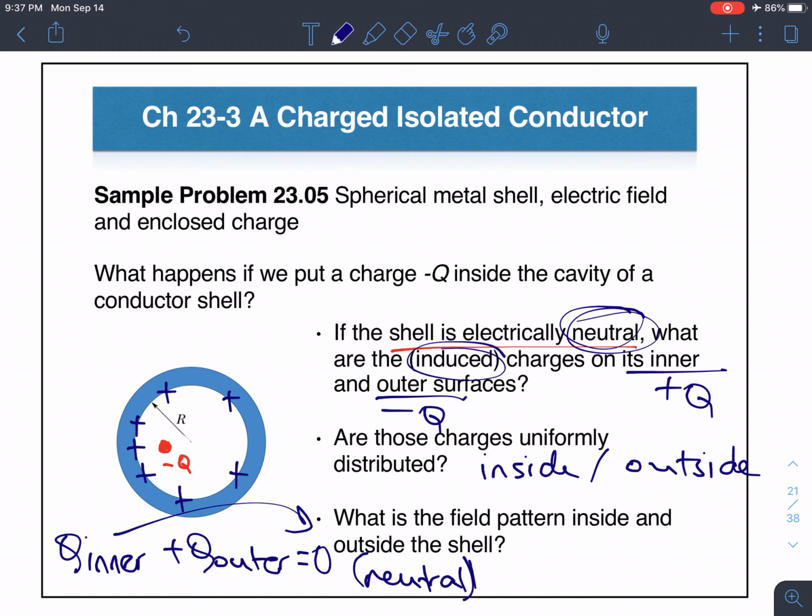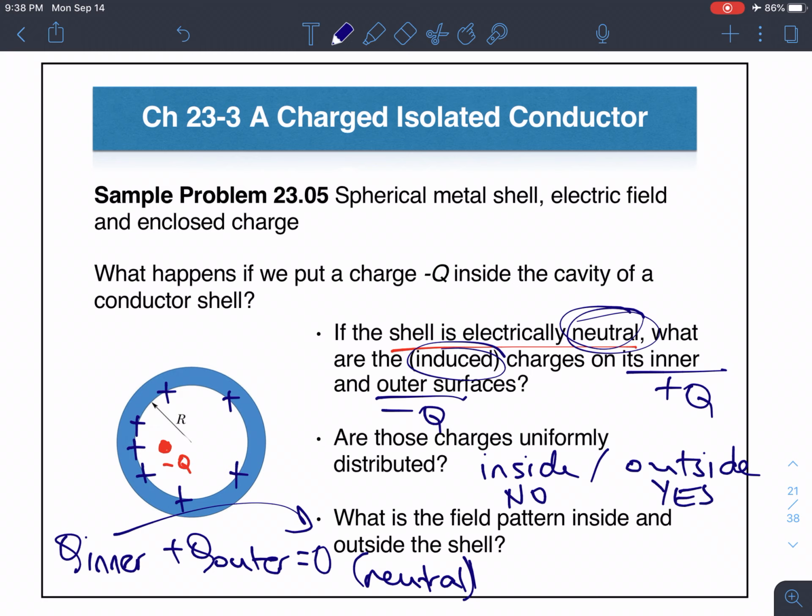If it was put in the center, then they would be uniform, but because it is put off-centered on the left side, on the inner surface there will be more positive charges, and the right side is going to have less of the charge. So it's non-uniform for inside. But outside is a little different.